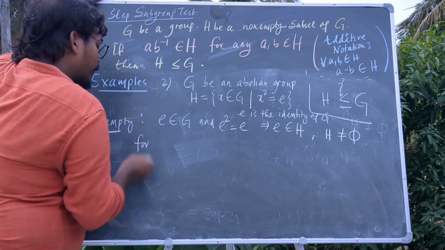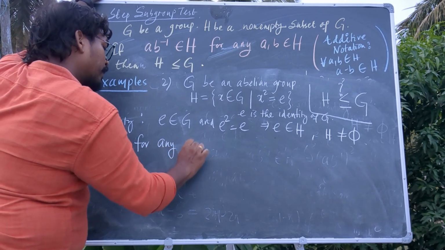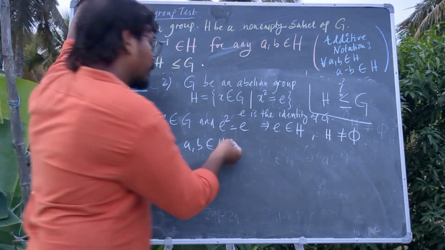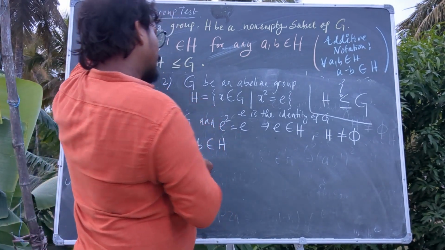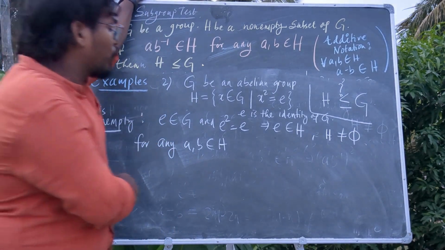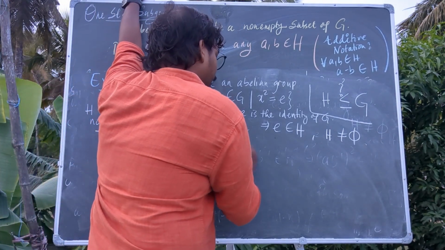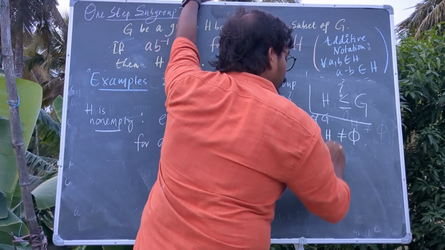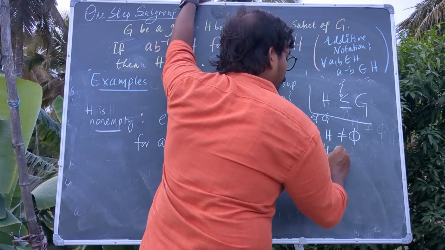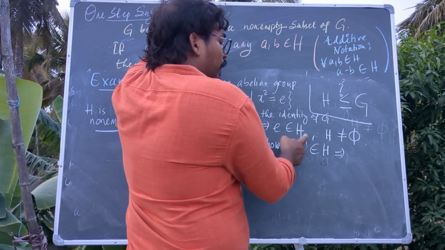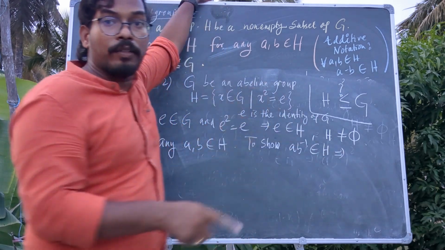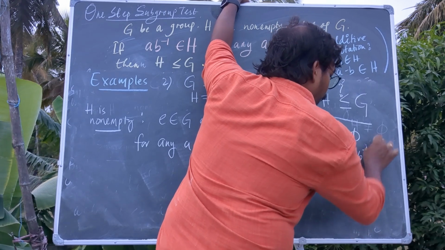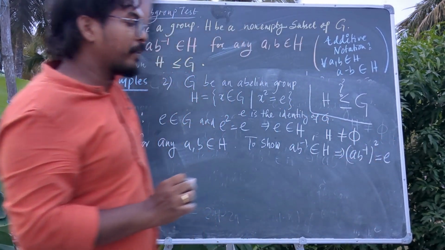Next we will use the subgroup test. We will take any two elements a, b in the subset H. We have to show that a b inverse is also in the subset H. To remain in the subset H, an element should operate with itself to give identity, so (a b inverse) squared must be identity.